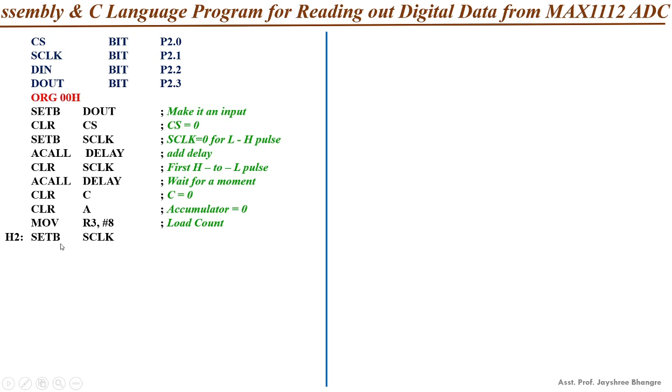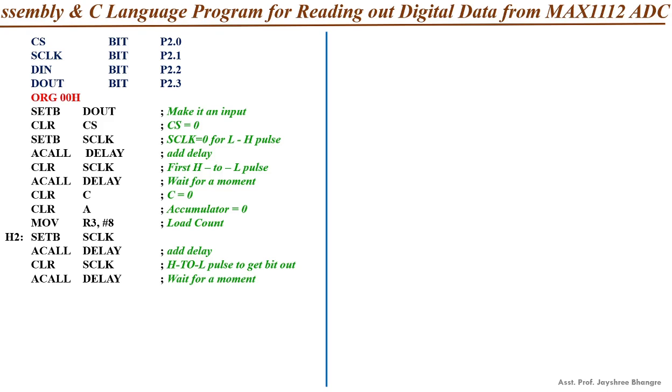Again here set bit SCLK. To read out the data, add delay, then clear SCLK. So to read out data out of the ADC chip, we have to send a high to low pulse, that is the negative edge of the pulse. At every negative edge of the pulse of the SCLK or the serial clock, the bits of the digital output will be read into the accumulator.